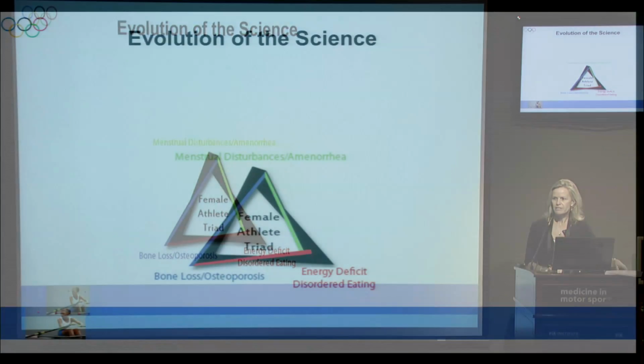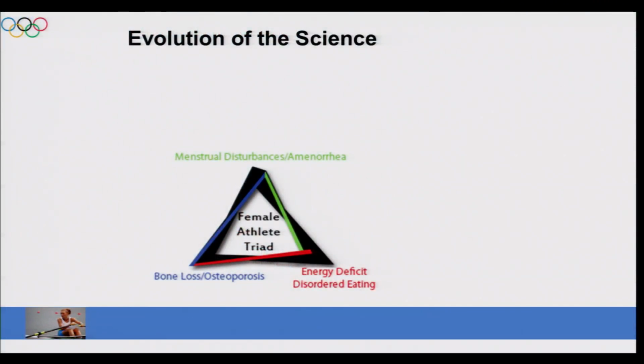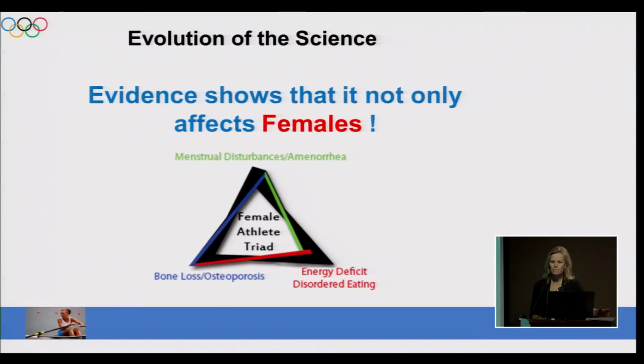So how have things evolved since 2007? Well, I've known for many years in my clinical practice that it does not only affect females. My clinical practice has a lot of swimmers, as you can well imagine, but I also work in the training center for Triathlon Canada, so I look after a lot of endurance male and female athletes.